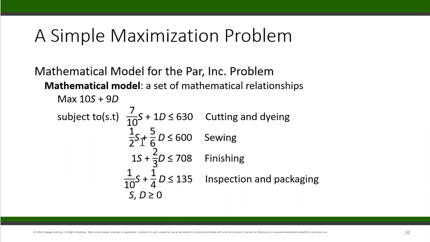We define 4 main constraints, one for each department: cutting and dyeing, sewing, finishing, inspection, and packaging. The number of hours used should be less than or equal to the number of hours available, the right-hand side. And then we have the non-negativity constraints.